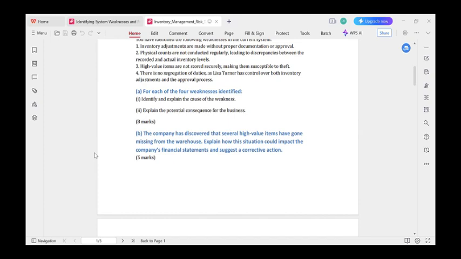Fourth one is there is no segregation of duties, as Lisa has control over both inventory adjustments and approval process.